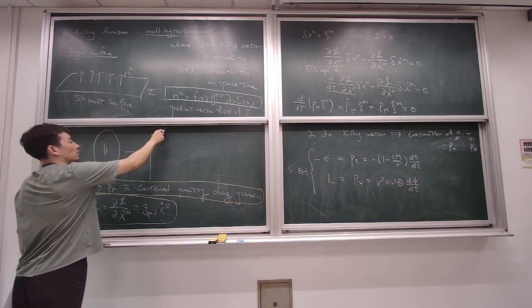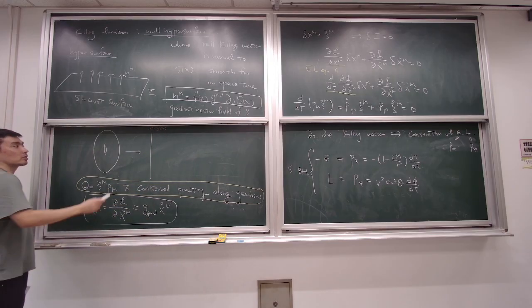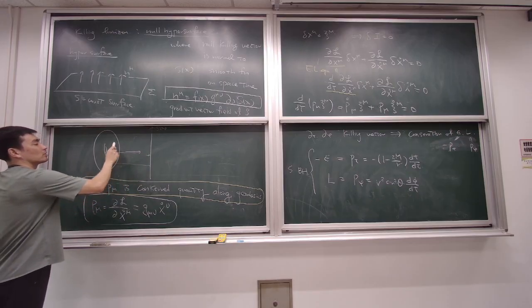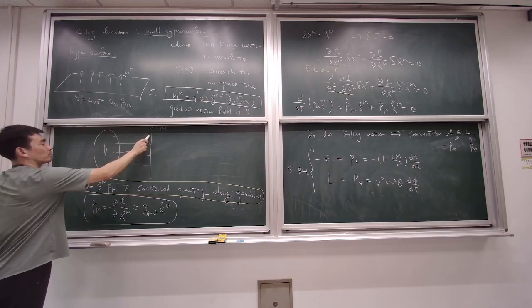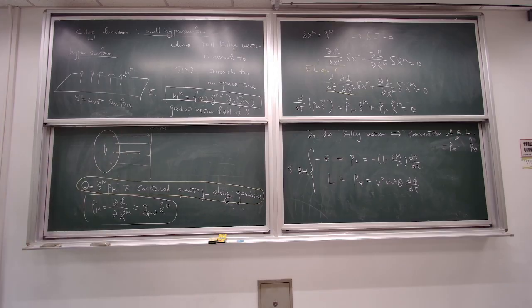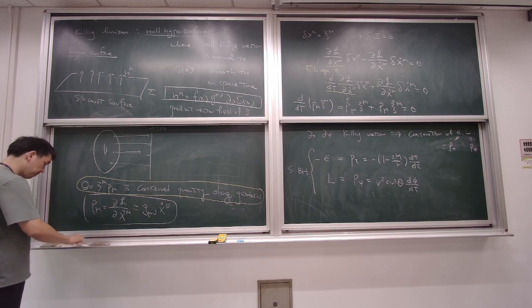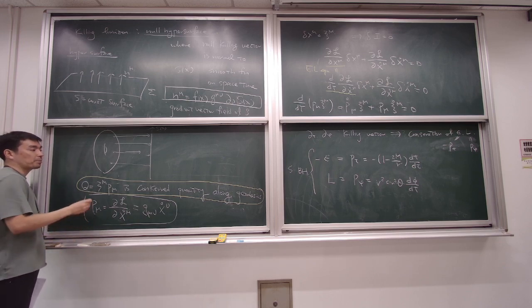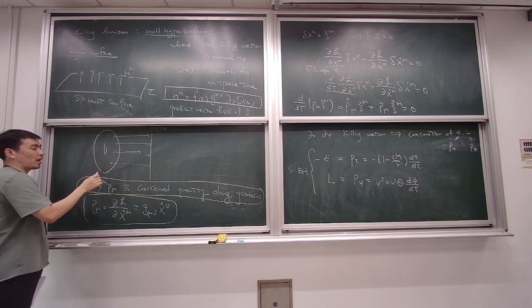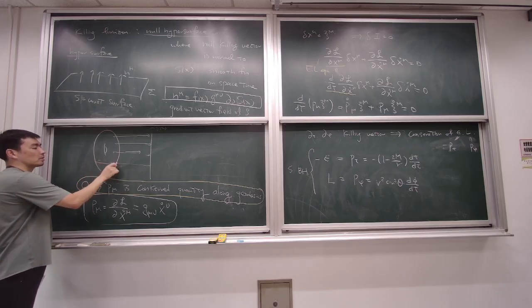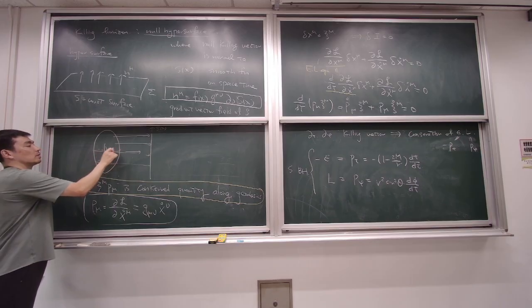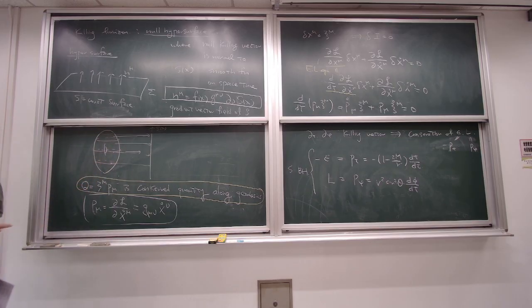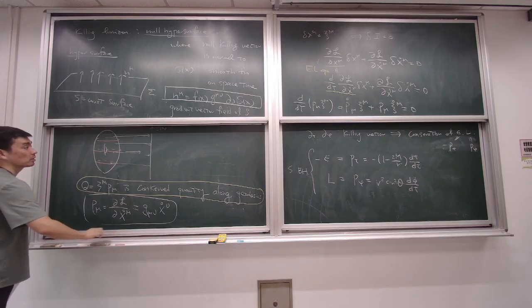So S of x is something like this, it's called a height function. The constant hypersurface is something like this.